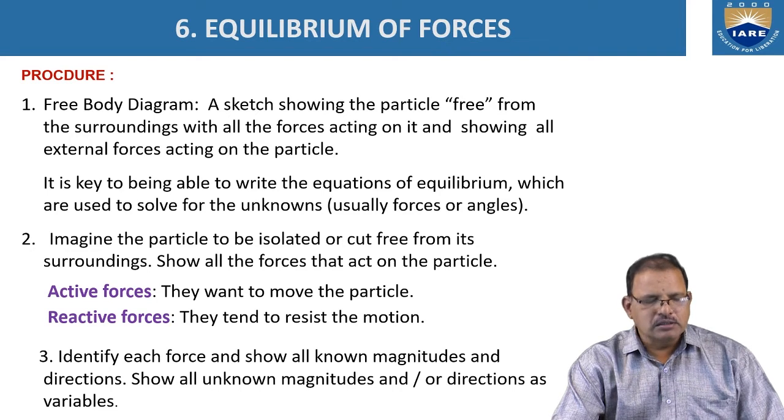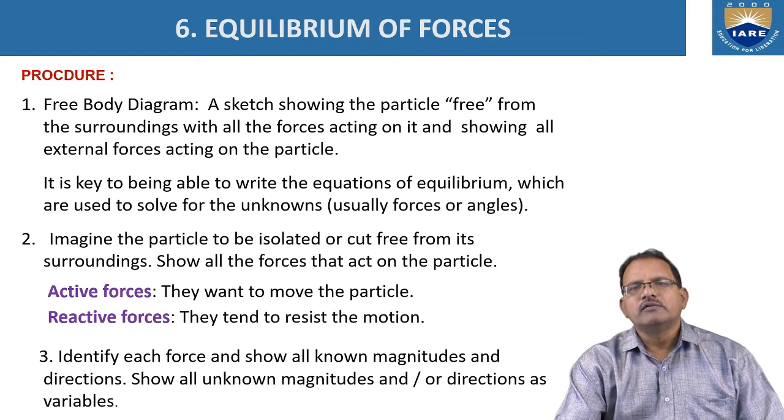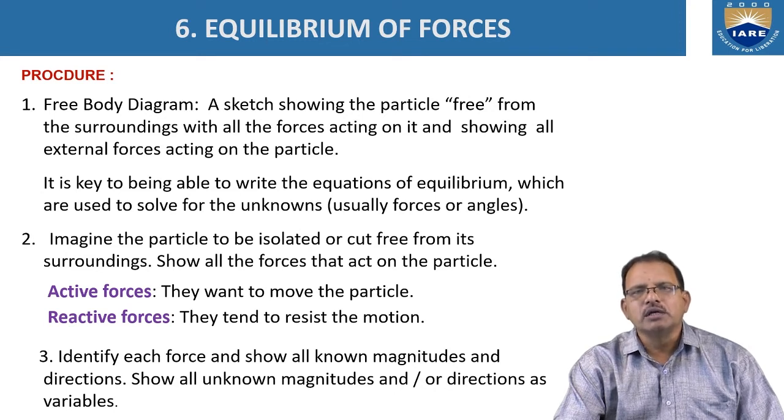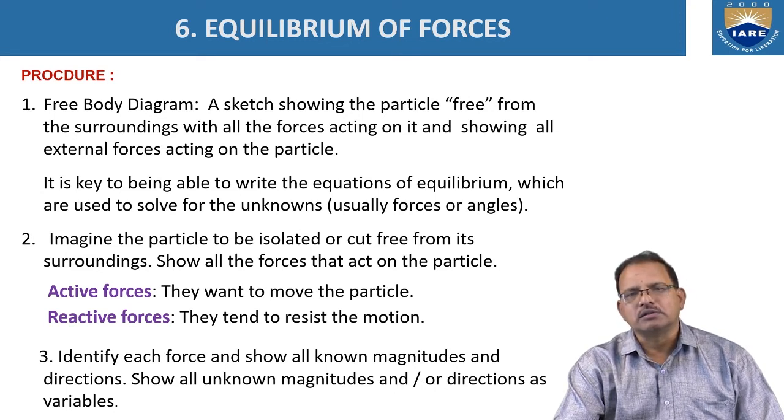The procedure now. Before finding the resultant or the equilibrium condition of the body, first draw the free body diagram. The free body diagram is a sketch showing a particle free from its surroundings, with all the external forces acting on it.